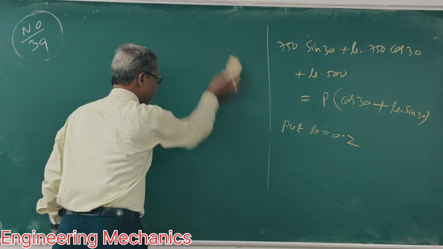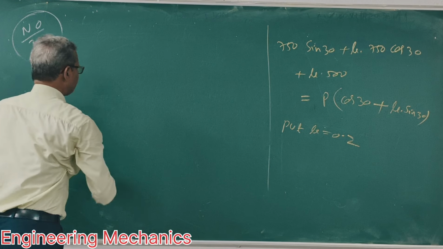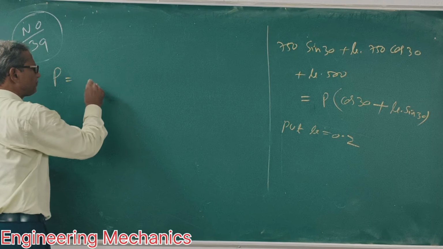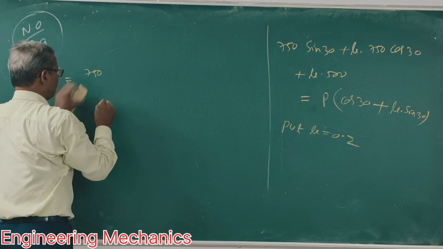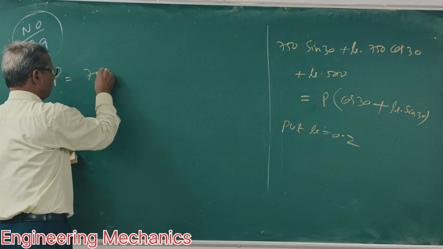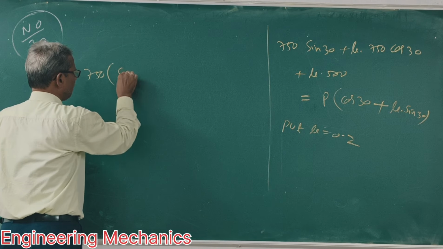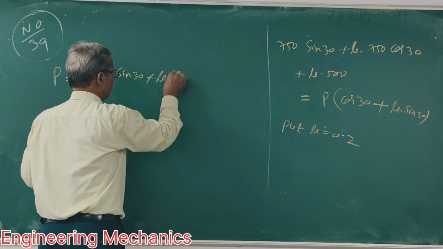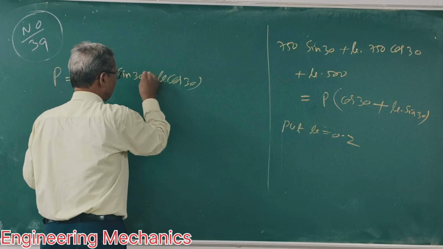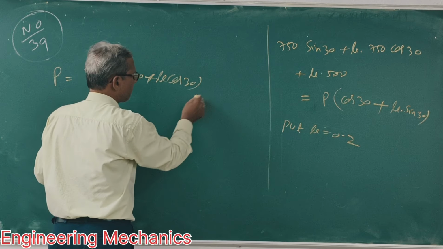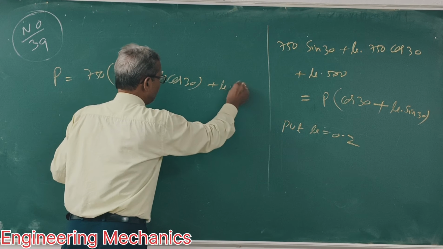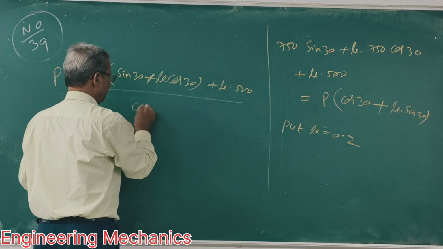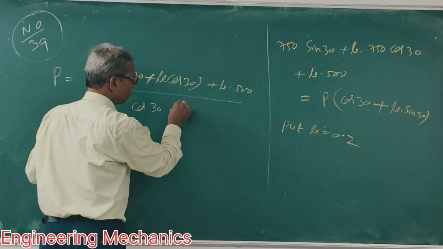Now, what is P equal to? 750 into sin 30 plus mu cos 30 plus mu into 500 by cos 30 plus mu sin 30.